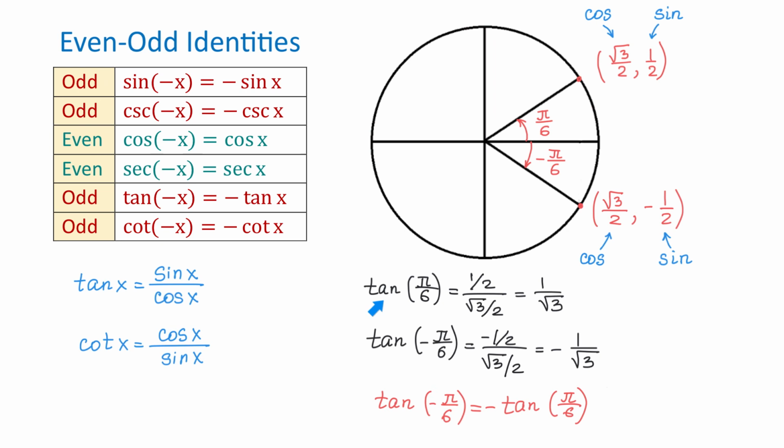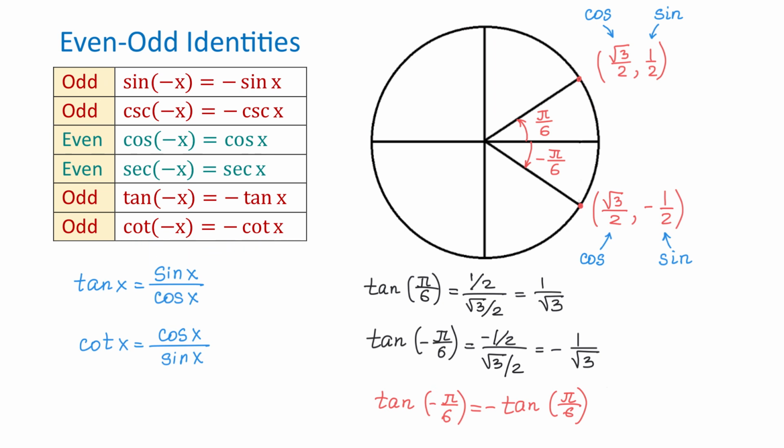So if tangent of pi over 6 is 1 over square root of 3, then cotangent of pi over 6 would be square root of 3. And cotangent of negative pi over 6 would be negative square root of 3. So cotangent of negative x equals negative cotangent of x.